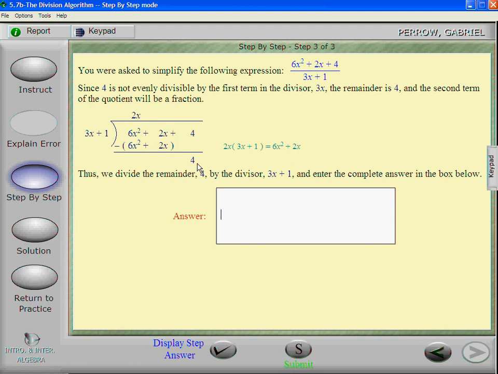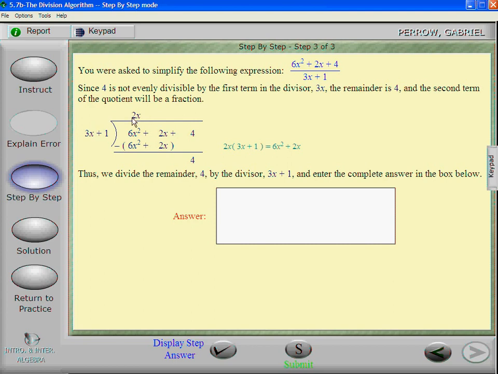So once you have a lower power of x down here than you do over here, you're talking about having a remainder. So what you do with your remainder is you're going to tack it onto your answer by having that be the top of a fraction and the bottom of the fraction being the number you were dividing by, 3x plus 1.